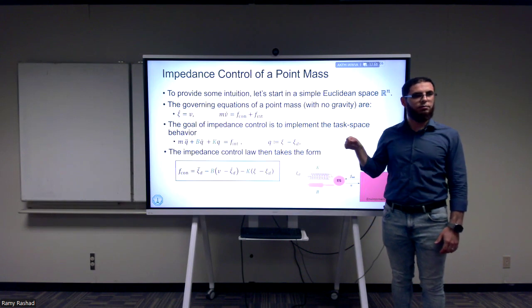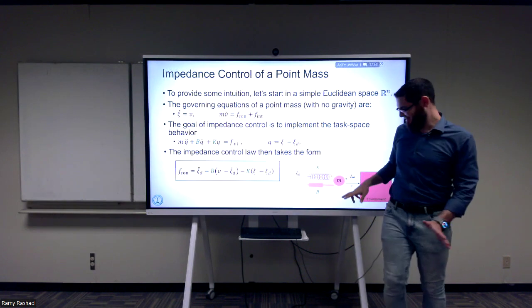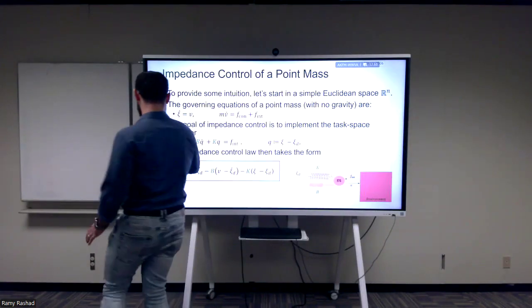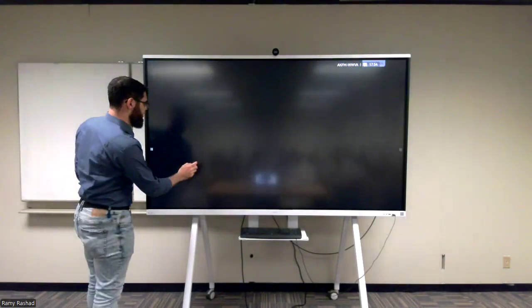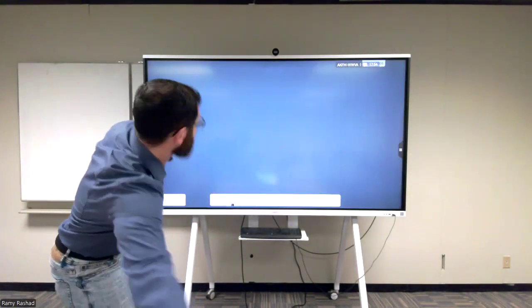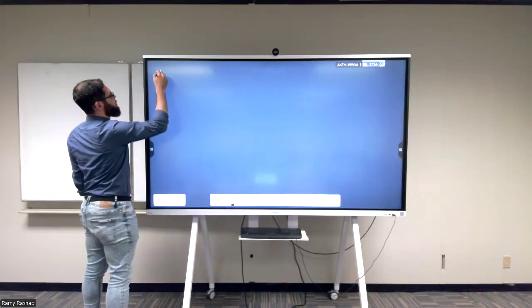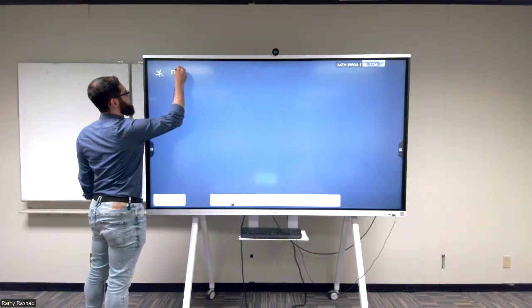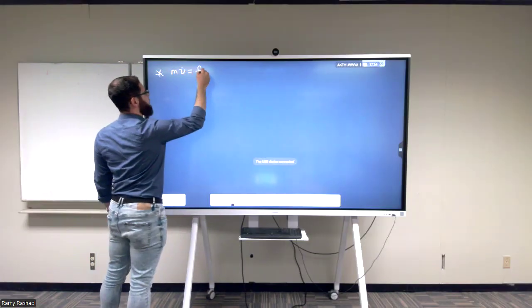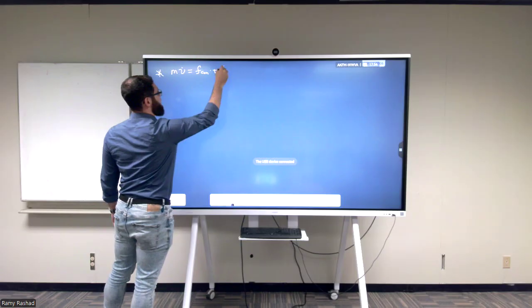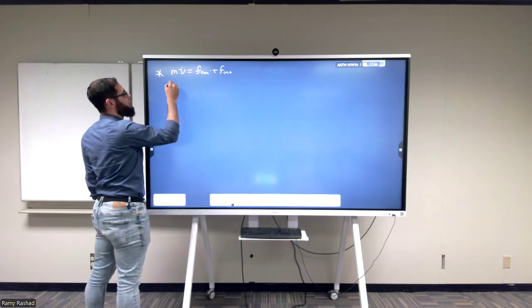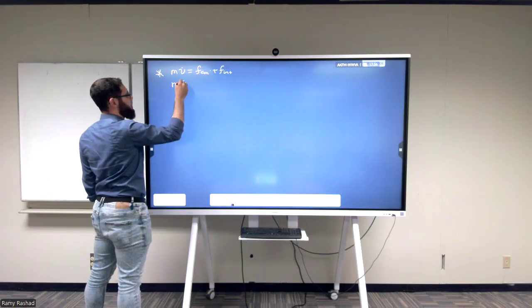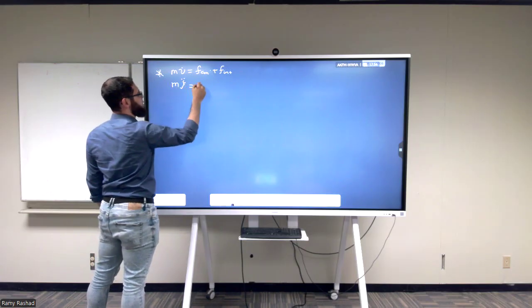You want to work it out? Yes. Okay, let's do it. So the original system had m v dot equal to f control plus f interaction. The m v dot is the same as m psi double dot, equal to this term.